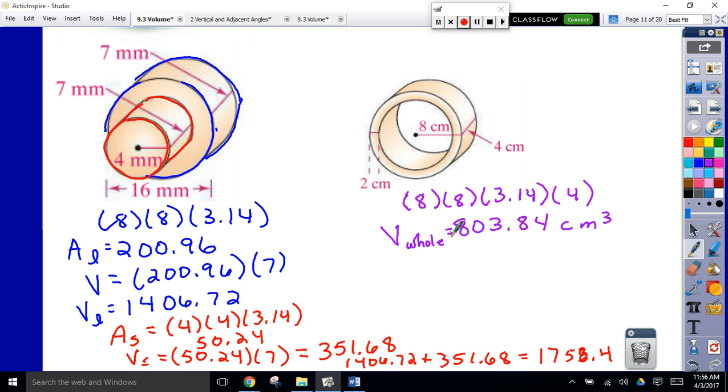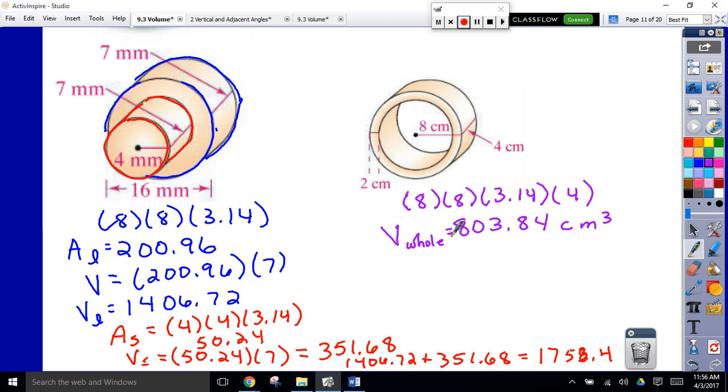Okay, now we need to find the volume of the smaller cylinder, or the hole. We turn the hole into a cylinder by itself, and then we're going to take that away, and we'll be left with the shell. Angelina, what is the radius of the smaller cylinder?